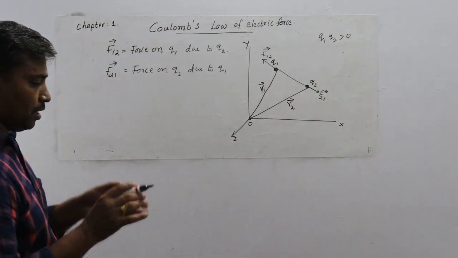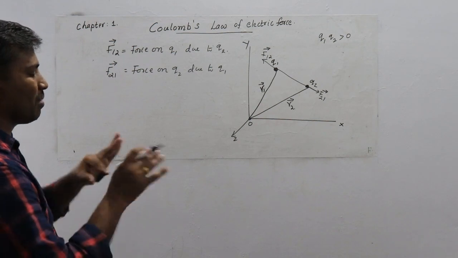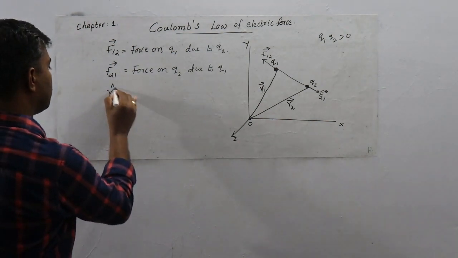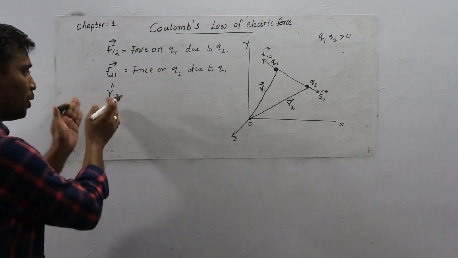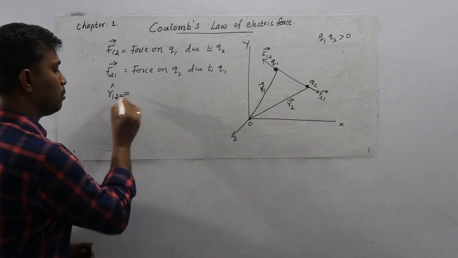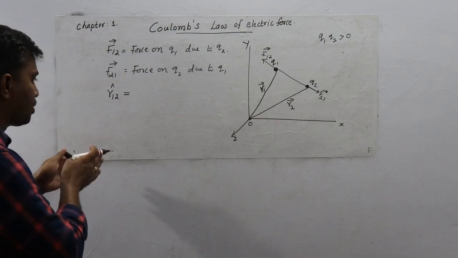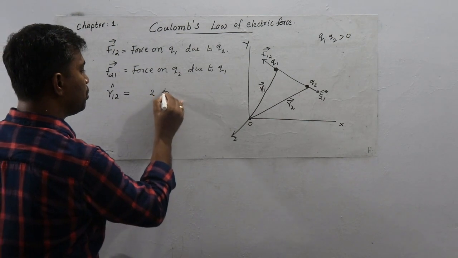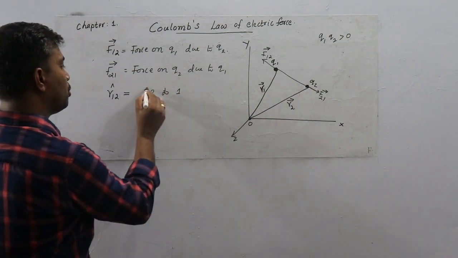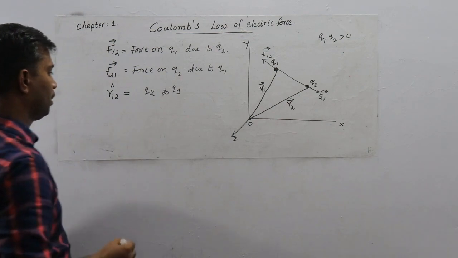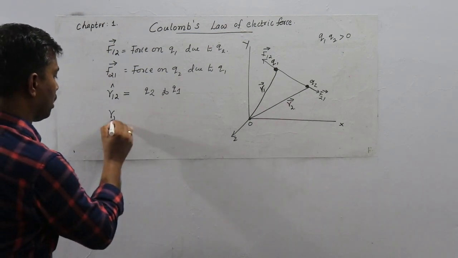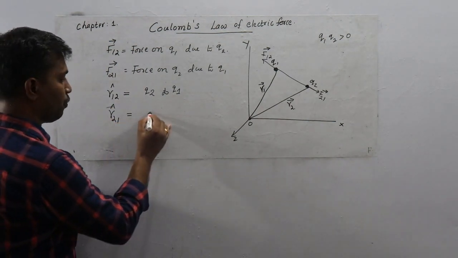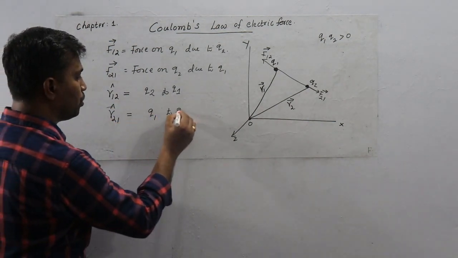Here we are using unit vectors to represent the direction. The unit vector R12 cap represents the direction from Q2 to Q1, and the unit vector R21 cap gives the direction from Q1 to Q2.